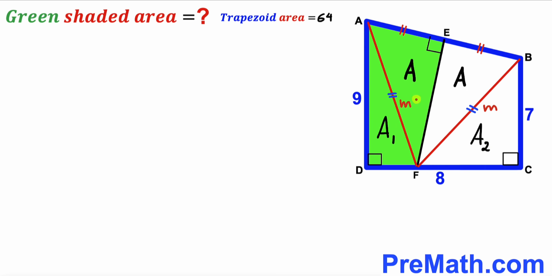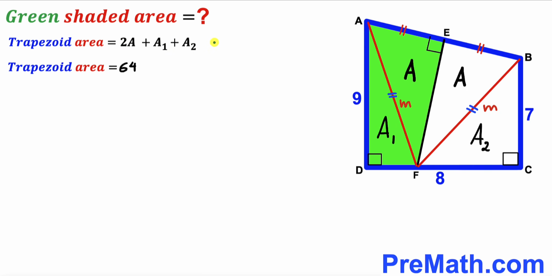Now our task is to calculate the area of uppercase A, A1, and A2 as well. This whole trapezoid consists of these individual areas: A, A, A1, and A2. So A and A give us 2 times A plus area A1 plus area A2.